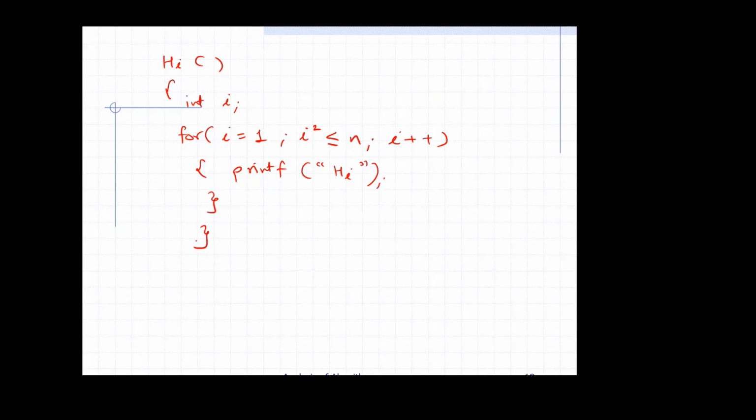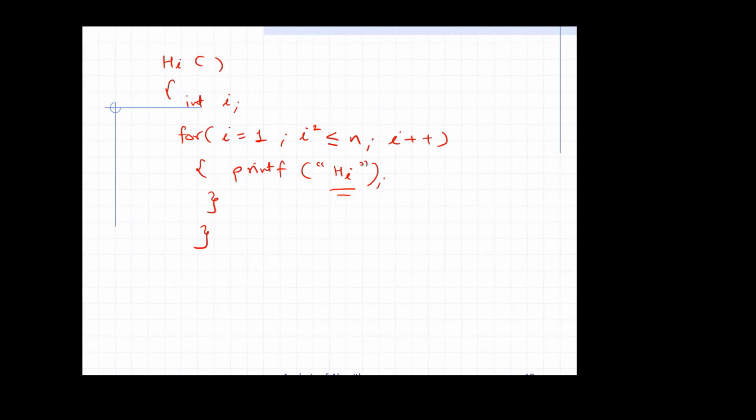Now, what will be the time complexity of this function? In this case, we have to find how many times the word hi is printed. That is my time complexity with respect to n.